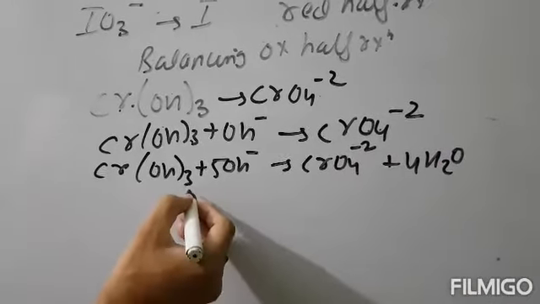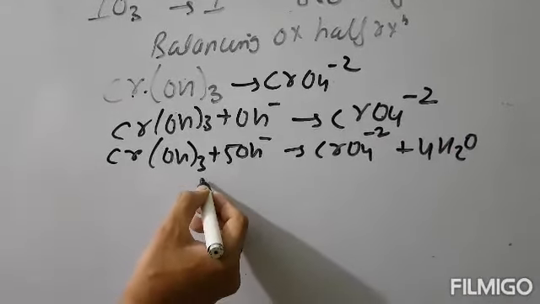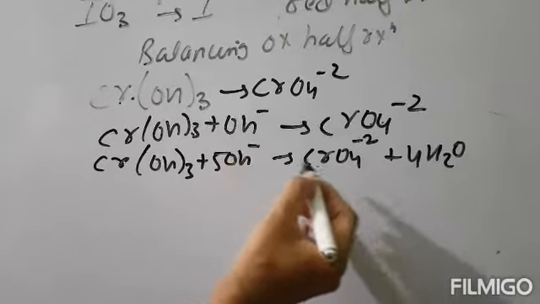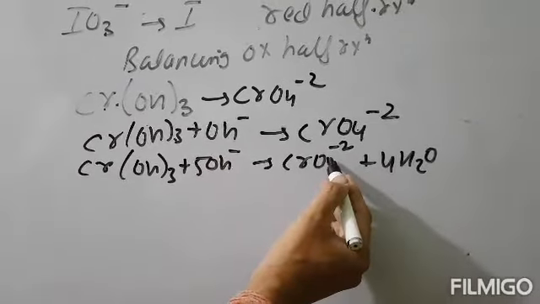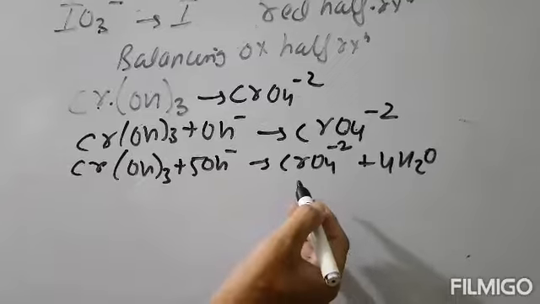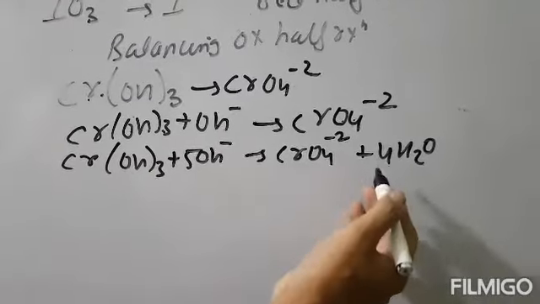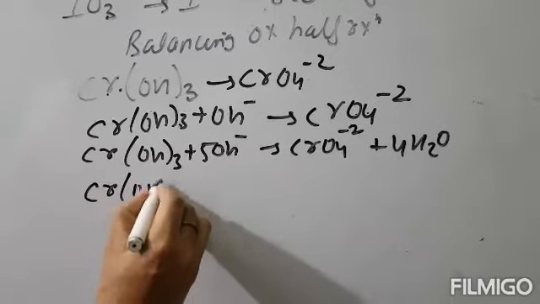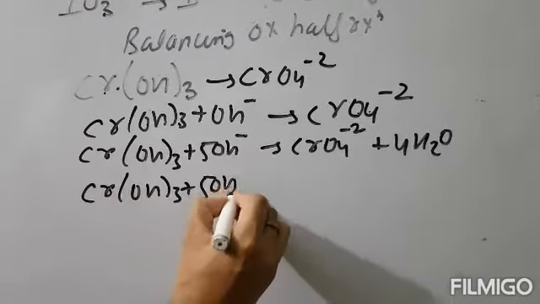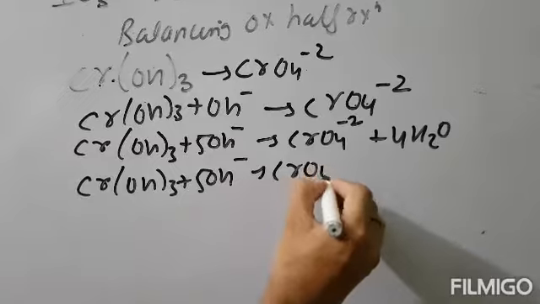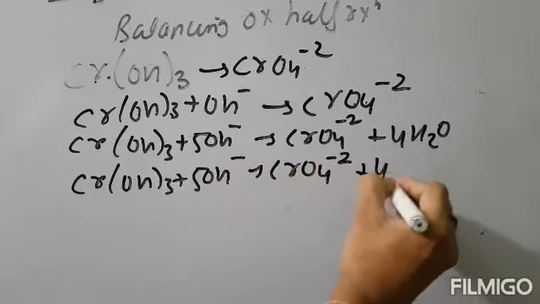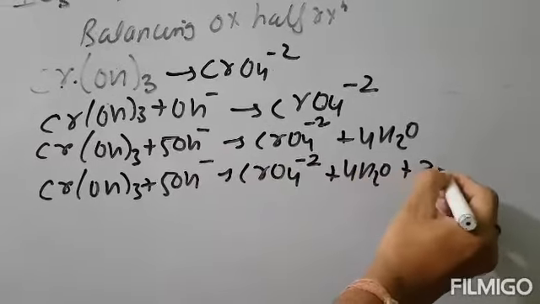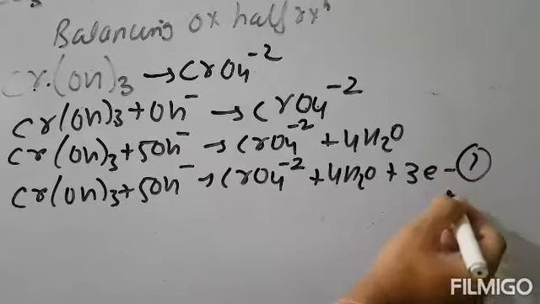Now on the left hand side there is -5 charge, and on the right hand side there is -2 charge. Therefore 3 electrons are added to the right hand side to balance the charge. So we'll get here Cr(OH)3 plus 5 OH- will give CrO4 2- plus 4H2O plus 3 electrons. This is our equation 1.